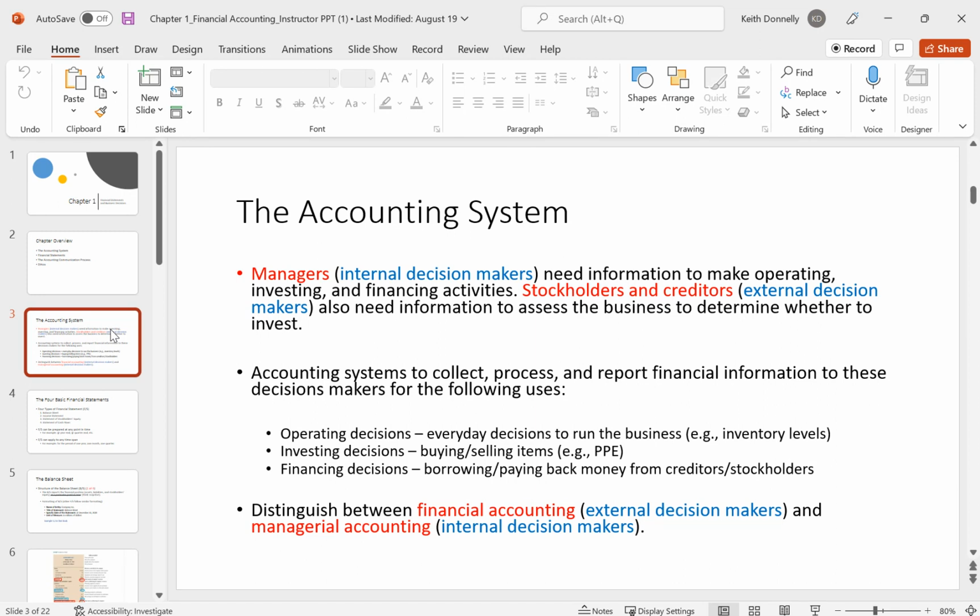It's a separate type of accounting, and this class doesn't focus on that. That's a separate class, but that's the distinction. Financial accounting deals with financial statements and external users. Managerial accounting deals with internal financials and internal users. So that's kind of the point of this slide, what we're talking about here.